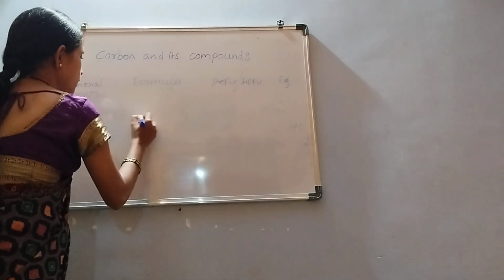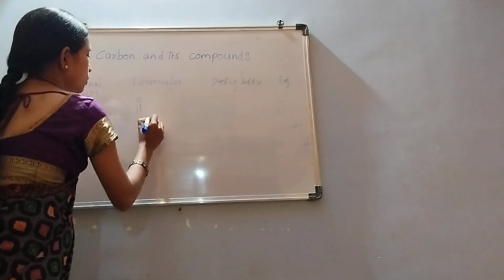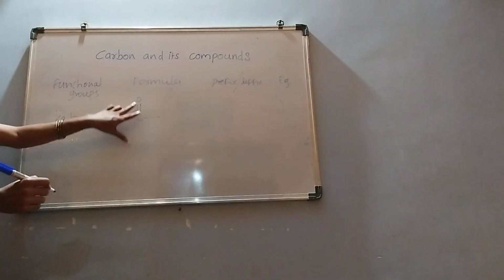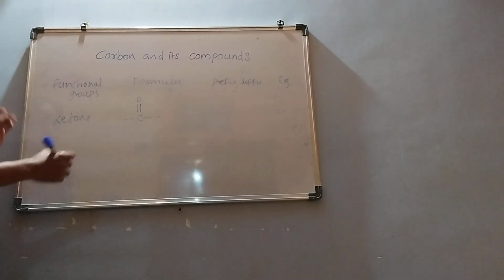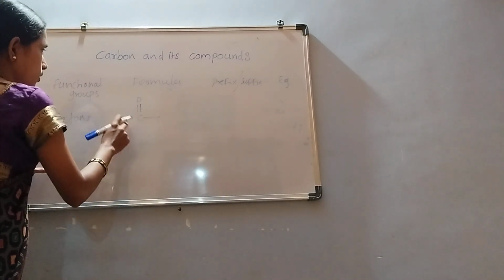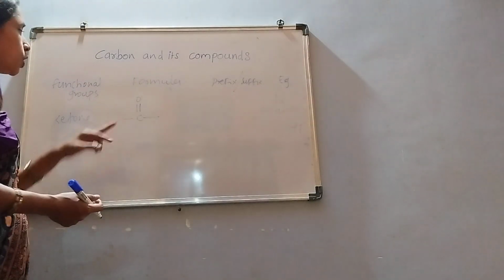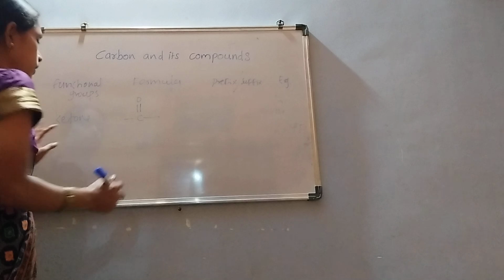The formula of ketone is C double bond O. This is the formula of ketone. So we can use it in propane. In ethane, we cannot take a ketone group. Why? Because for a ketone we need at least three carbons to represent this formula.